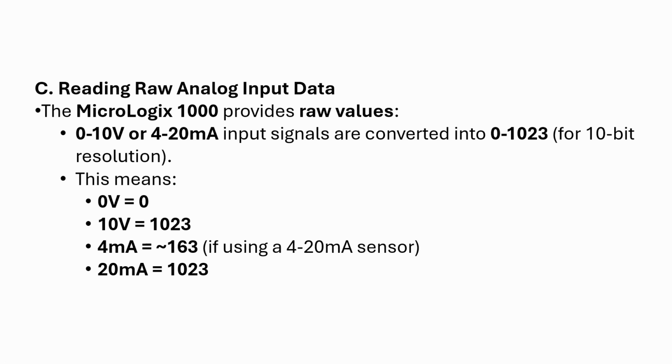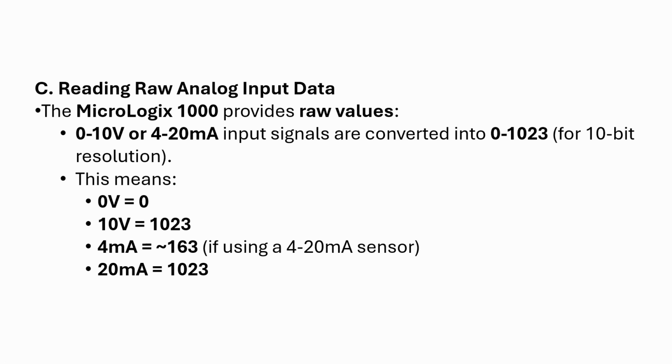So if the signal reads 0 volts, your raw value in the PLC is 0 if you have a voltage input, and at 10 volts it would read 1023. If you're using a 4 to 20 milliamp type sensor, at 4 milliamps you're going to read about 163 as a raw value, and at 20 milliamps you're going to read 1023.